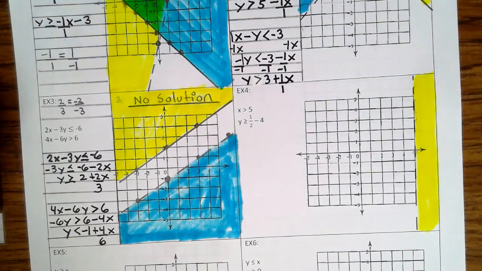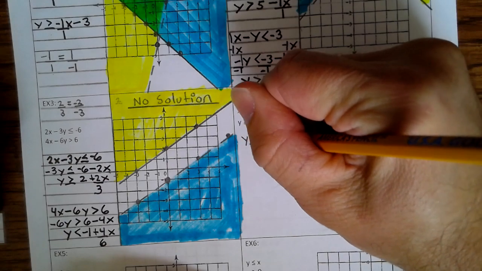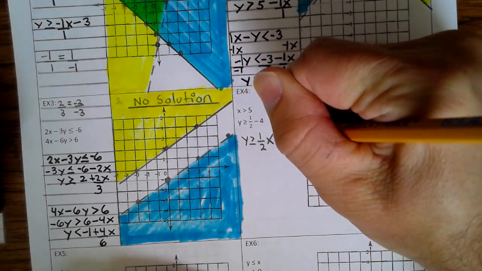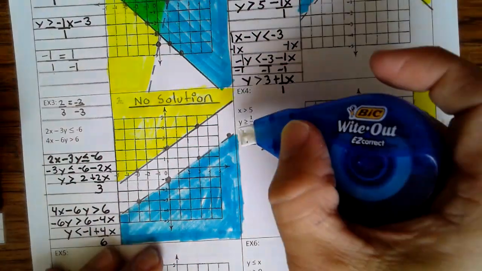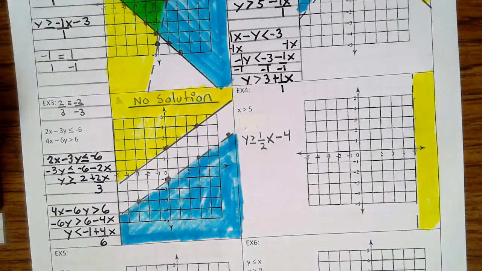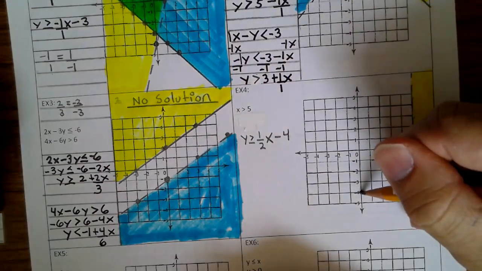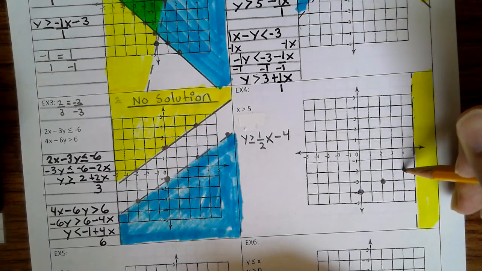Now, this should say y is greater than or equal to 1/2 x minus 4. Okay. So we start at negative 4, and we go up 1, right 2, up 1, right 2.